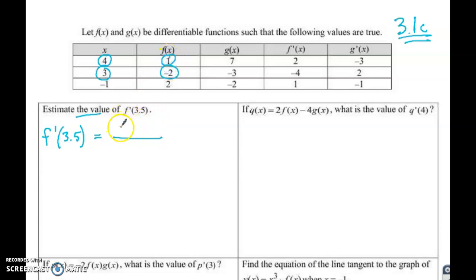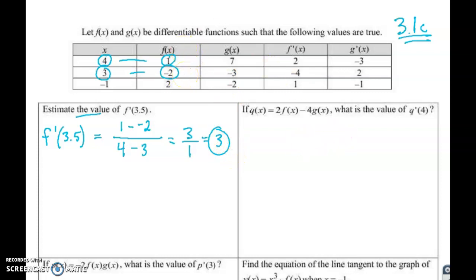So I would just go in order, 4 minus 3. So your y coordinates would be 1 minus negative 2 as they match up like that. So we're looking at 3 over 1. So the best approximation is just 3. Now you do not want to use the derivative, you just want the y values here.